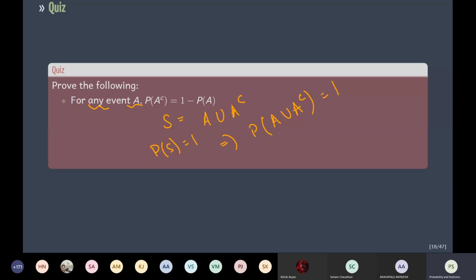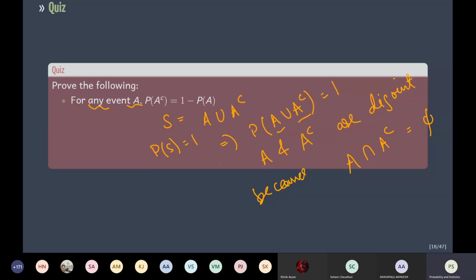And another thing we know is that these are mutually exclusive. A and A complement are disjoint, because A intersection A complement is empty. Okay, so these are disjoint.